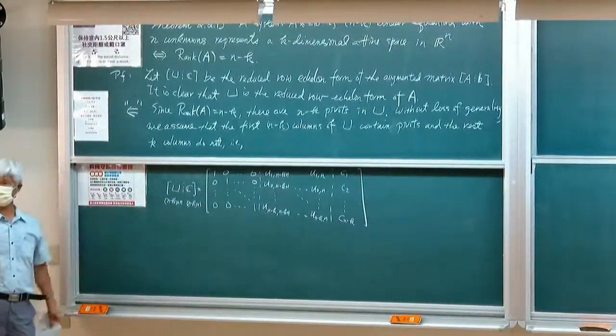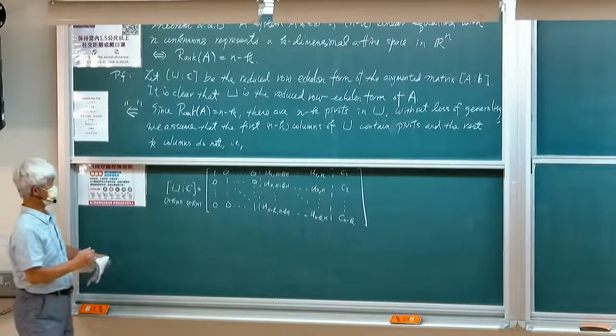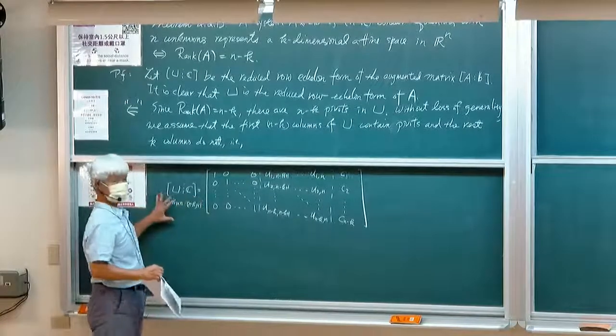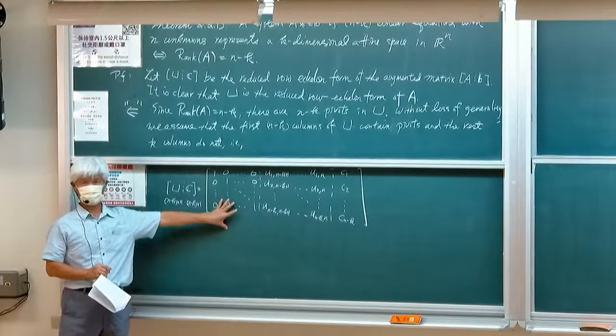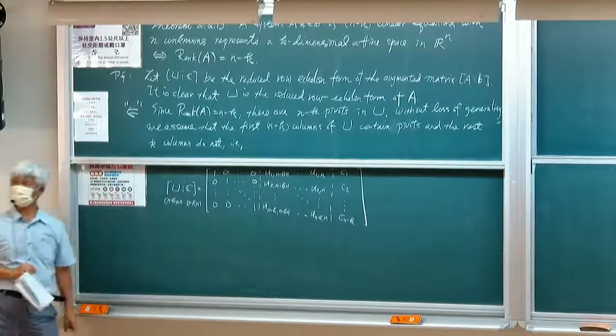So without loss of generality, we assume we have the reduced echelon form in this format. Any questions?